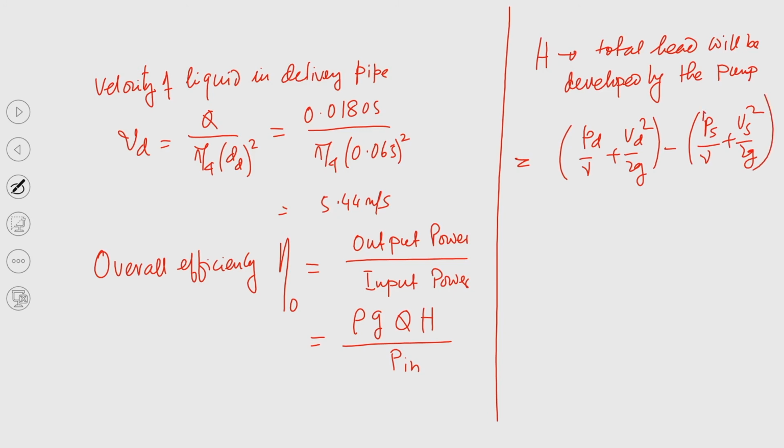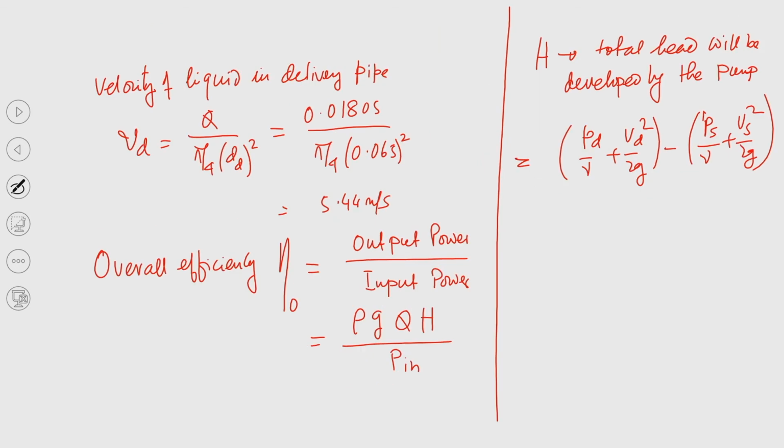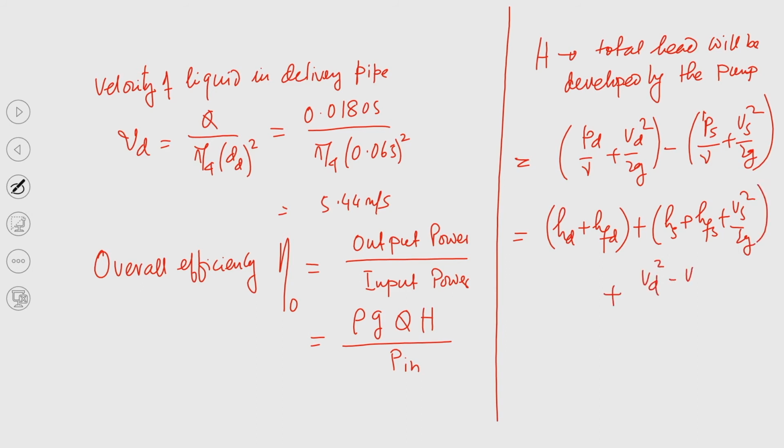Already we have written the expression of P s by gamma and P d by gamma here. If we plug in the expressions of these two quantities, we can write this as H d plus H f d. If we rearrange, then minus H s plus H f s plus V s square by 2 g, plus V d square minus V s square divided by 2 g.